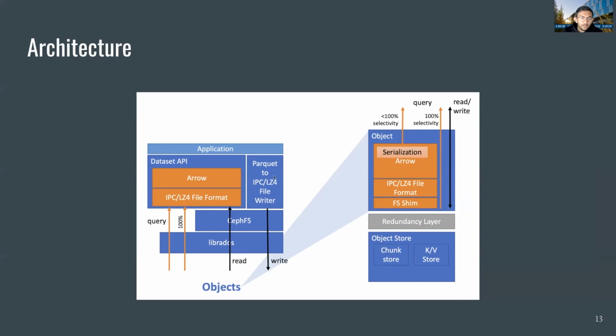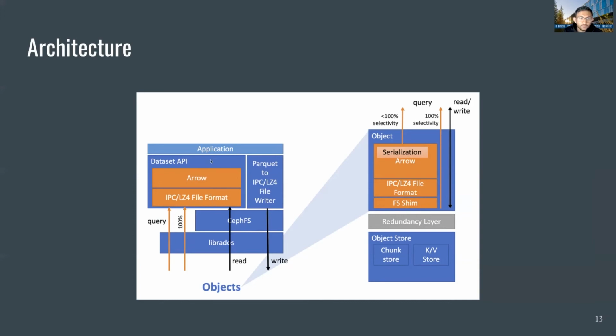On the client layer, there are two paths: the read path and the write path. On the write path, users just need to take Parquet files, split them accordingly, and then write the Parquet files to the Ceph mount, and that's it. It's that simple.